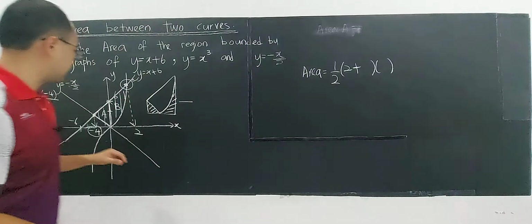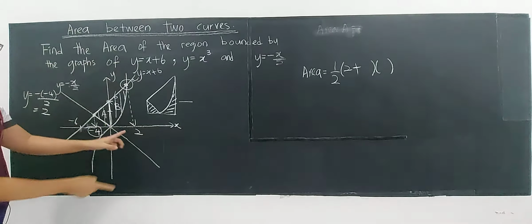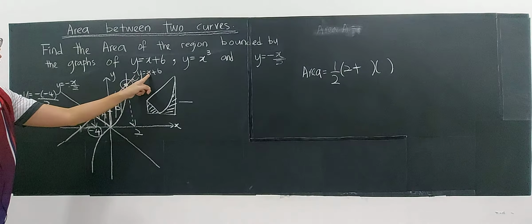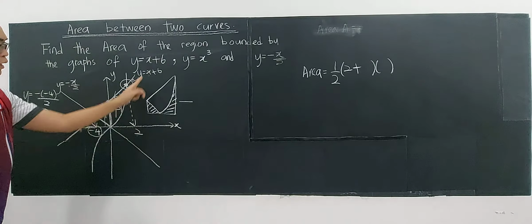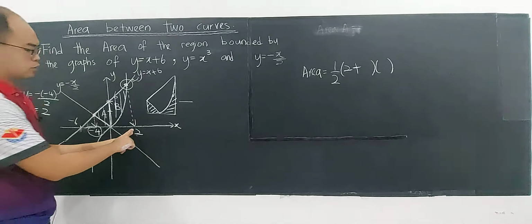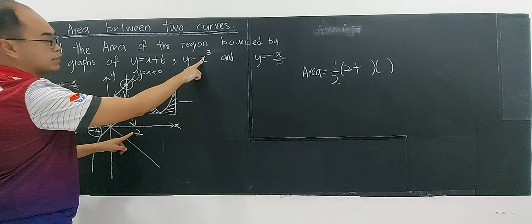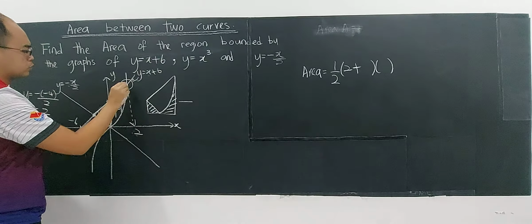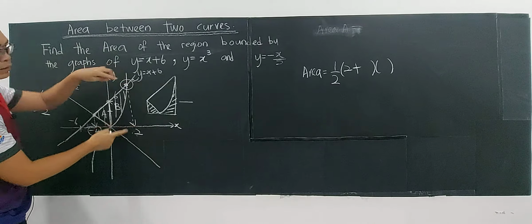Finding the value of b is to substitute 2 into this equation, or you substitute into the cubic, you get the same value. Putting 2 here, you get 8, and putting 2 here, you also get 8. So the length here will be 8.